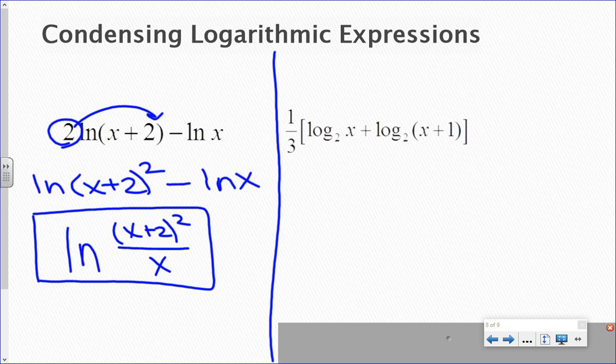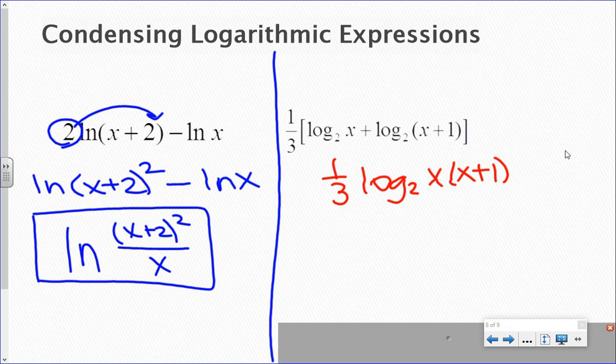Anything inside parentheses needs to be taken care of first. Okay. So inside our parentheses, we have addition, which means we can write this as log base 2 of x times x plus 1. Don't feel that you need to write that as x squared plus x. You can leave it as x times x plus 1, okay? It's not going to change anything that we do, okay?